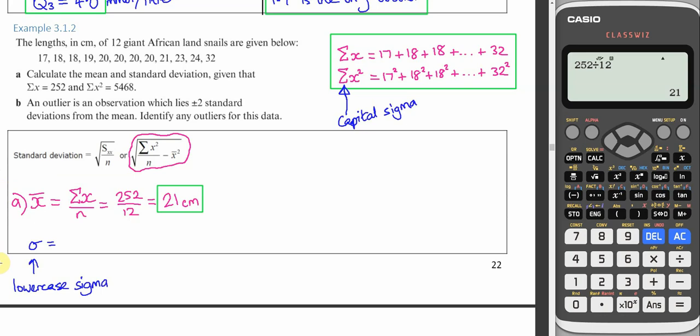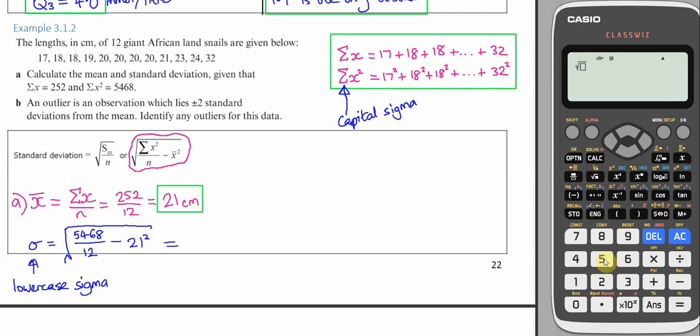Lowercase sigma generally represents standard deviation. So copying the formula, got a big square root, and then the sum of x squared, 5468, divided by n, which is 12, and then take away the square of x bar, which was 21, and then carefully put that into your calculator.